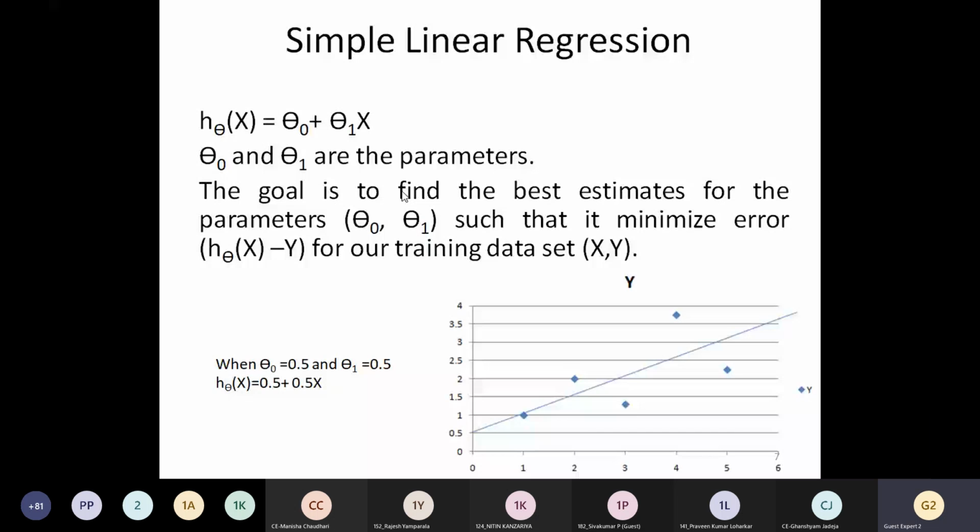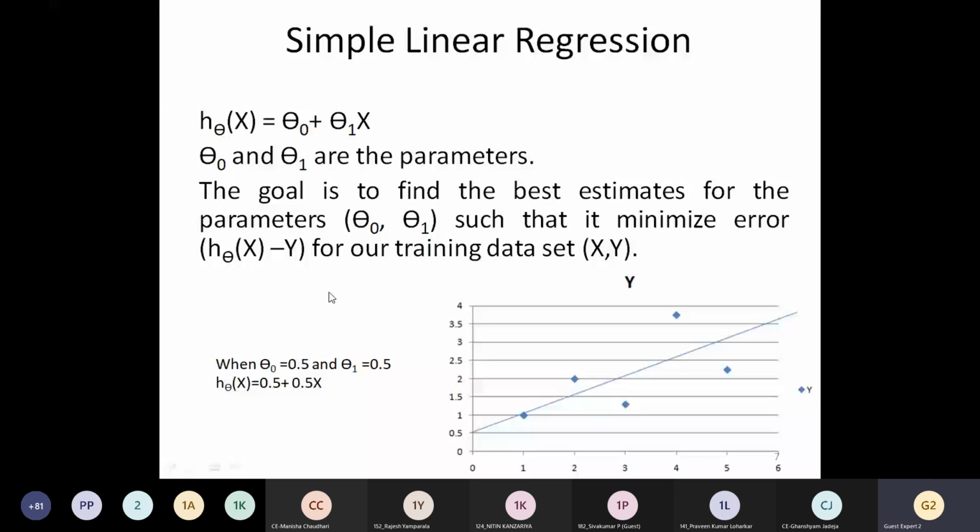For that data point, if we want to predict, we have to put x into this model 0.5 plus 0.5x. So if we put x equal to 1, I will get 1. So our predicted value is 1 and our y value is also 1. So there is no error. The difference between the predicted value and the actual target value is 0. So for that specific data point, there is no error.